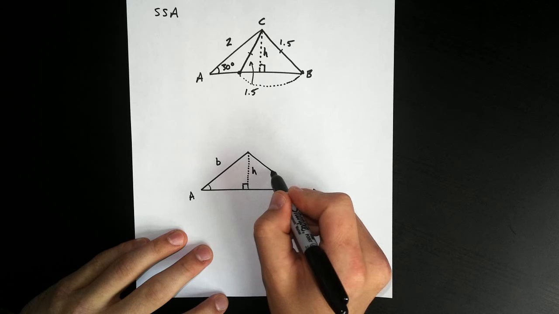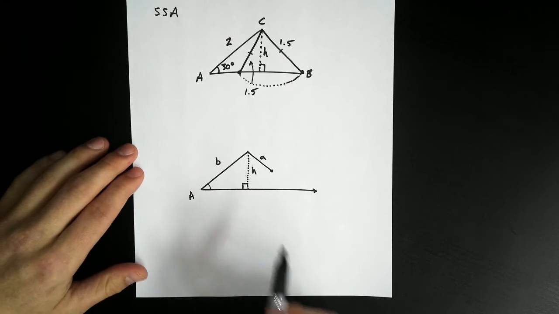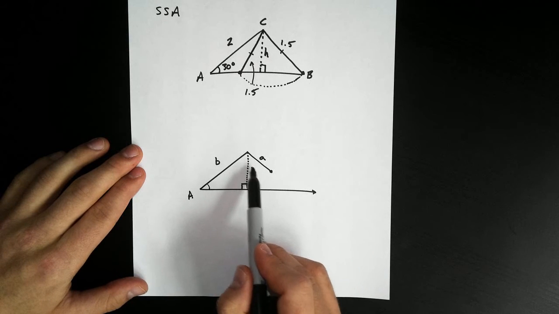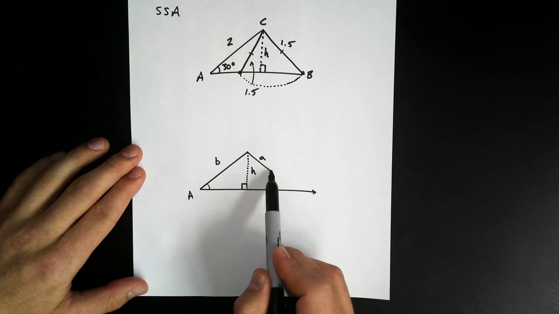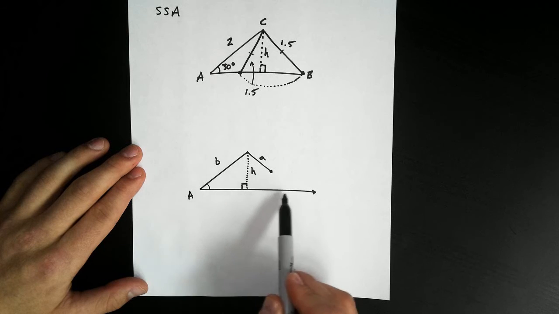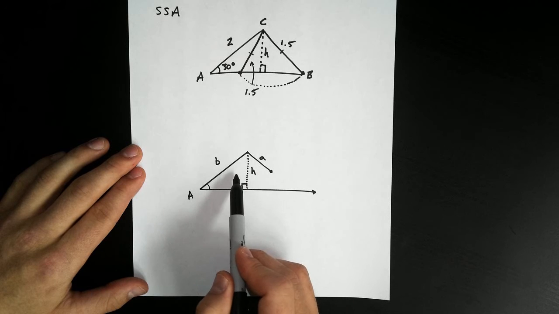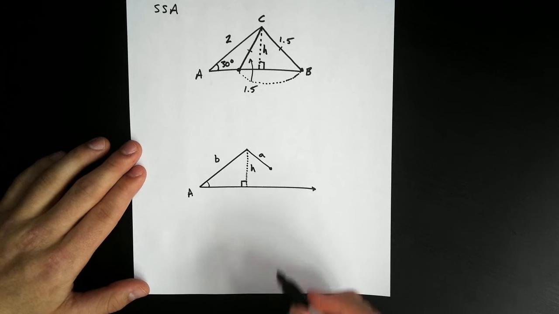The first one is, let's say A is smaller than H. Because A is smaller than H, if we think about swinging this down through, it's never going to meet that third side of our triangle. It's never going to close. So in this case, we have no triangle that exists.